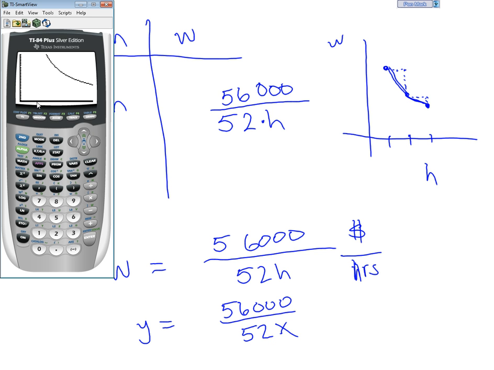So, let's try to get a bigger picture. Theoretically, what if I were to continue to increase my workload? Let's just say somebody could work 1,000 hours per week. Now that's completely in theory, but we're going to look at that anyway. Now what's happening to your hourly pay?